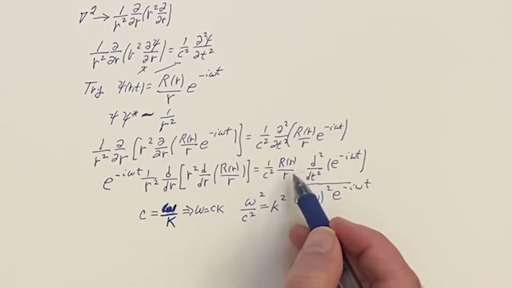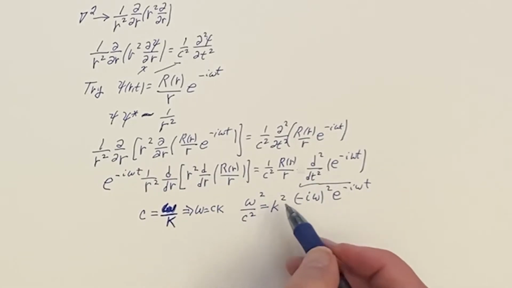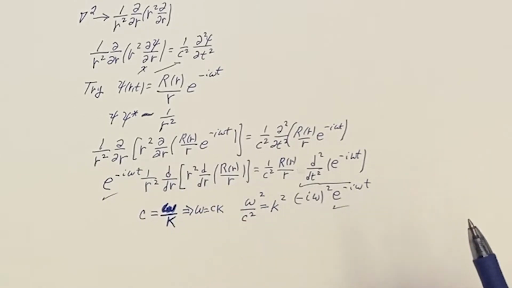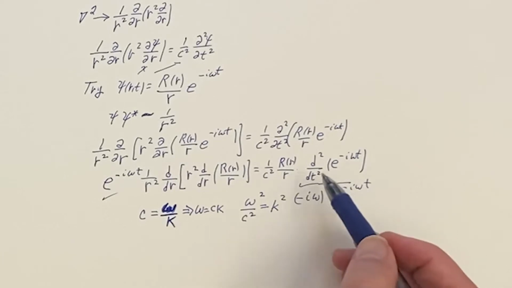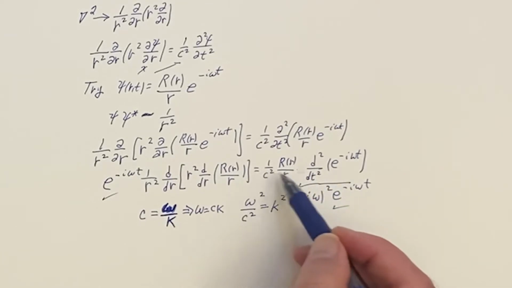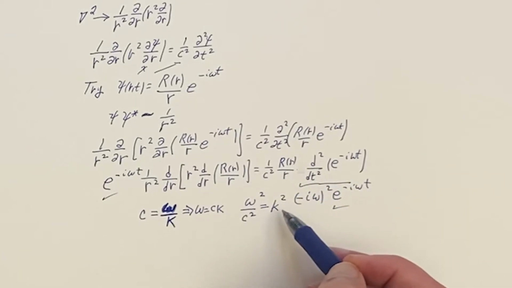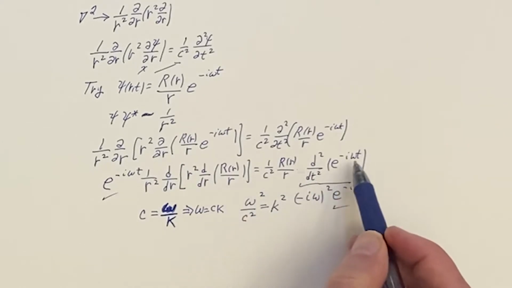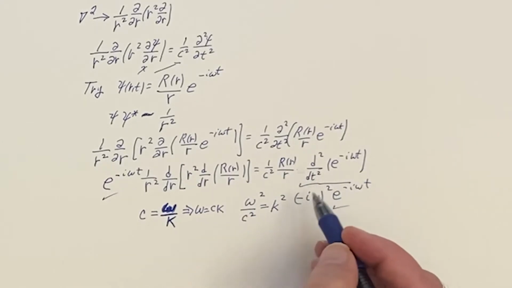So this time dependence will drop out, and we can replace these constants with just a k squared over there. In terms of r and t, these are all constants.